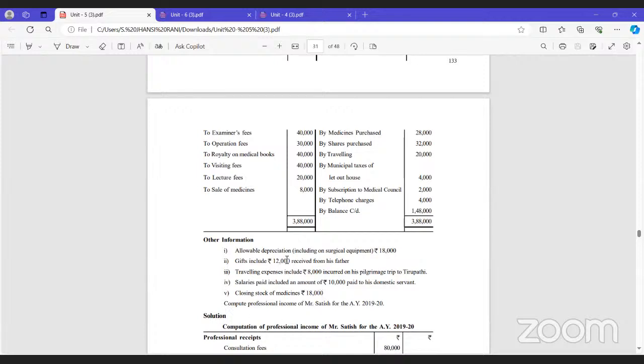Yes. So now what we will do is draw a format in which we will write professional receipts and professional payments.